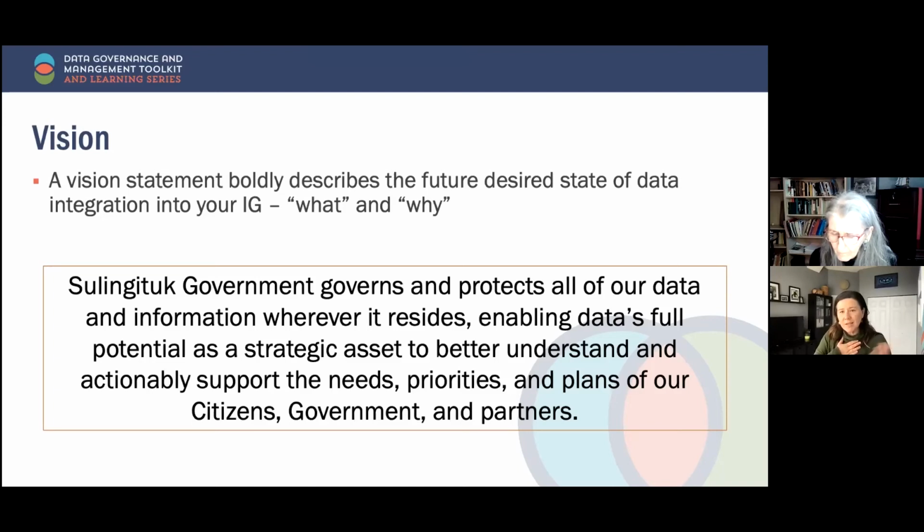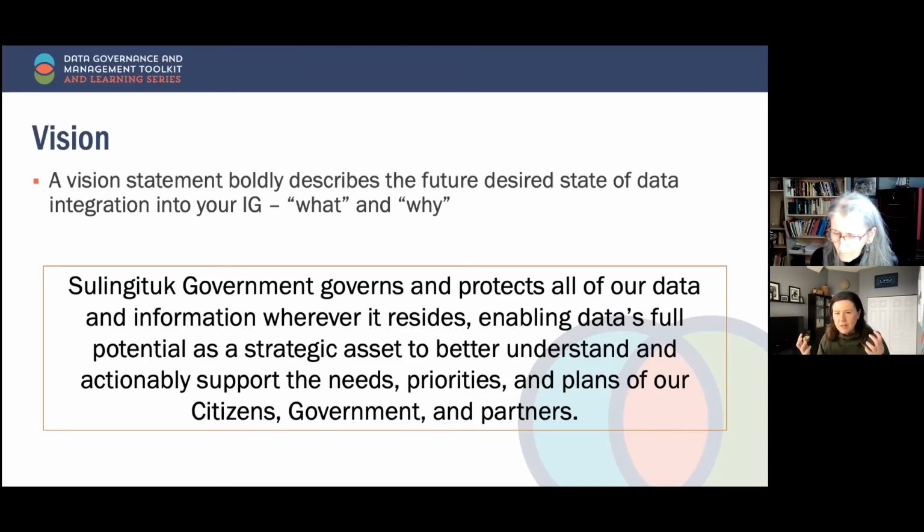In this case, we just made something up. Salingatuck government governs and protects all of our data and information wherever it resides, enabling data's full potential as a strategic asset to better understand and actionably support the needs, priorities, and plans of our citizen, government, and partners.